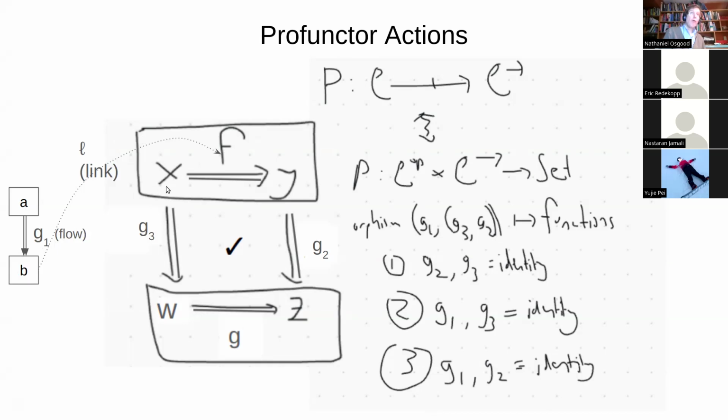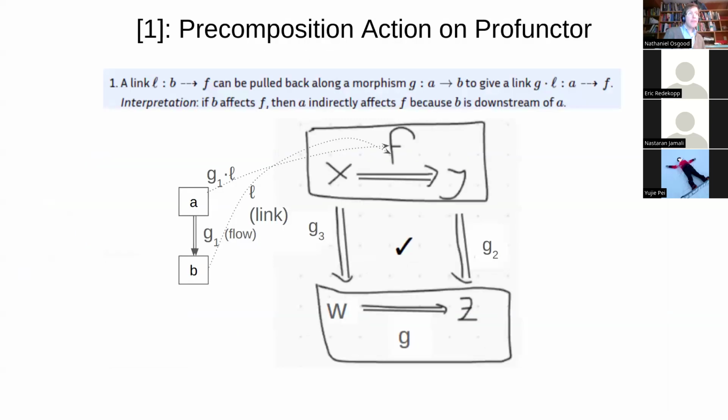Okay, so what do we get out? Well, we're going to have three types of profunctor actions here. One is going to involve precomposition, and this one is kind of interesting. What this is saying is, look, if F depends on B, it kind of depends.